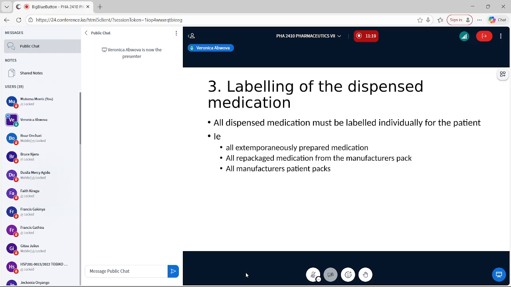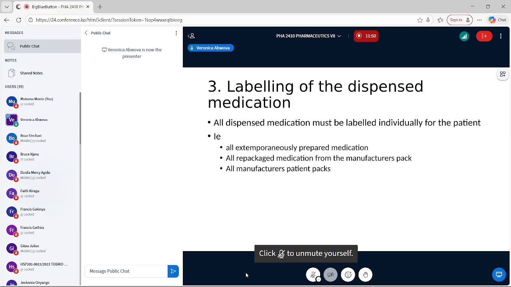Then next, after you have confirmed that the dose is correct for the indication that has been given, you label each drug individually, okay?